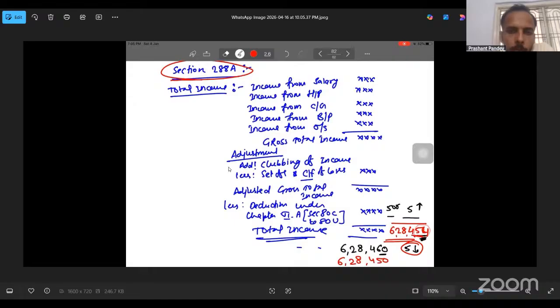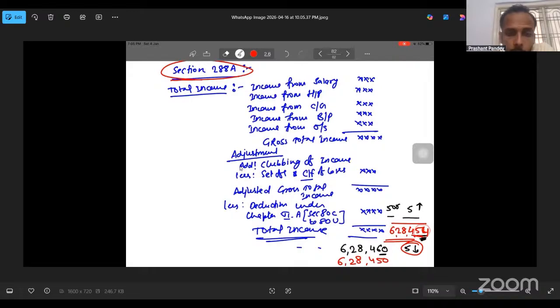So even though the rent has been received by the spouse or the wife, still the rent which has been received by the spouse will be considered under the income of the other spouse, that is husband.